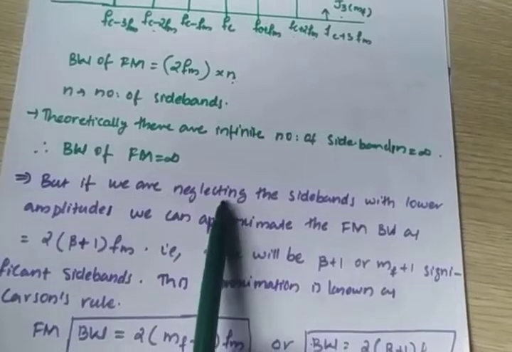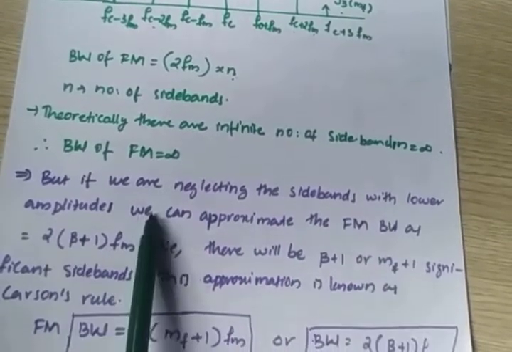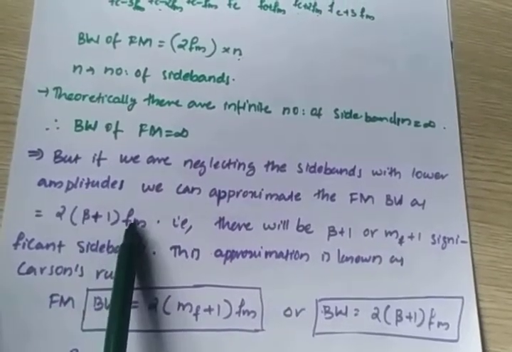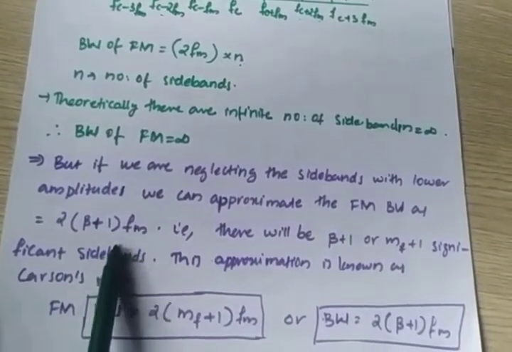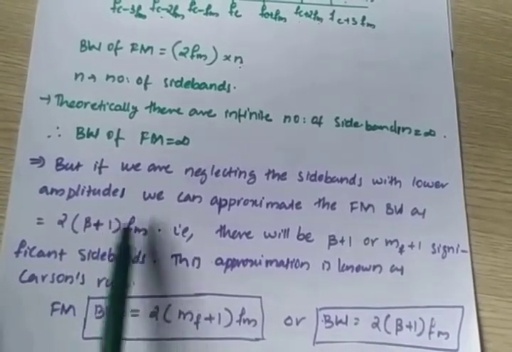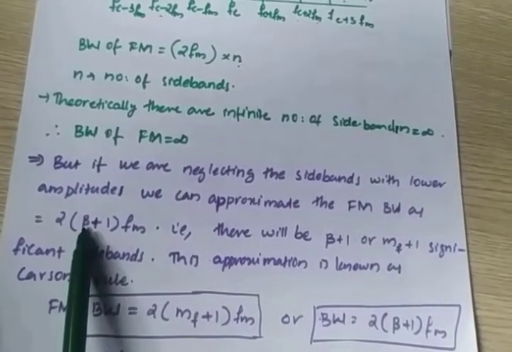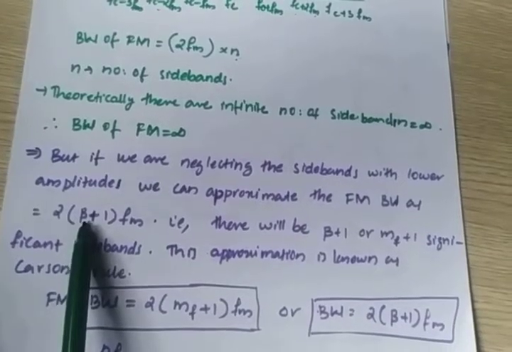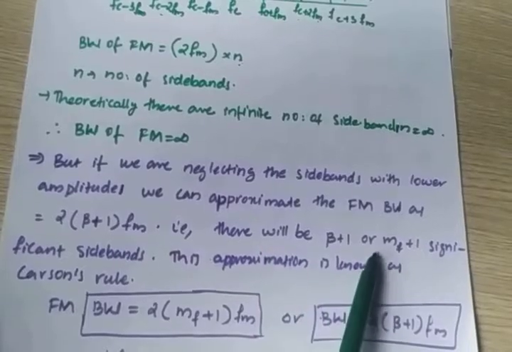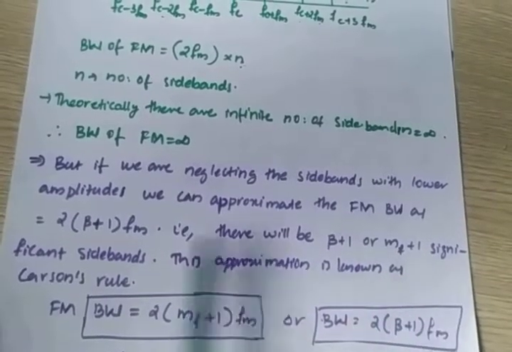If we neglect the sidebands with lower amplitudes, we can approximate the bandwidth of FM as 2 times (beta plus 1) into Fm. This is the general equation for the bandwidth of FM. Beta or MF is the modulation index, and its value is delta F by Fm, where beta plus 1 or MF plus 1 is the number of significant sidebands.